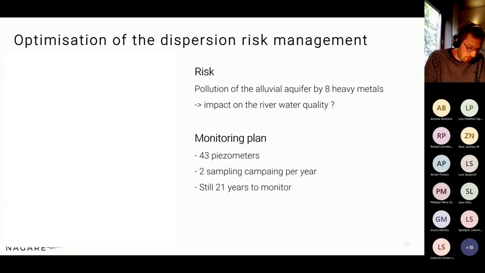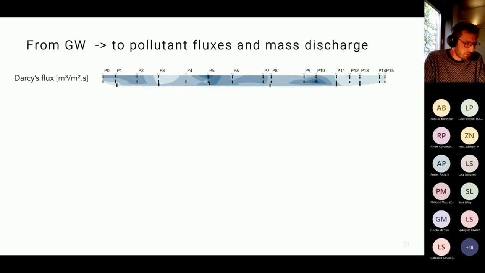When we saw this, we immediately thought that we can really bring value through our technology to this case. So first of all, we measured the groundwater fluxes at each of the 43 piezometers, or 43 monitoring wells.